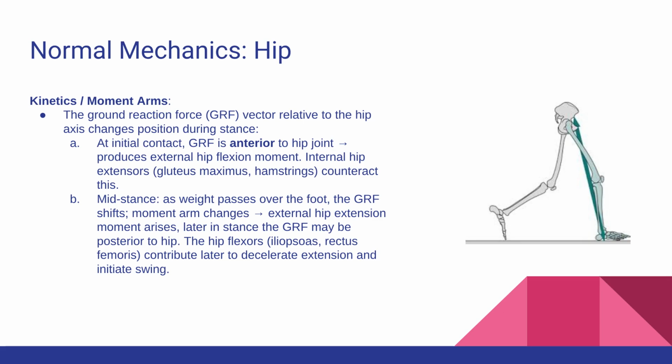In order to prevent the trunk from collapsing forward, the body must generate an internal hip extension moment. This is primarily accomplished by the gluteus maximus with assistance from the hamstrings.